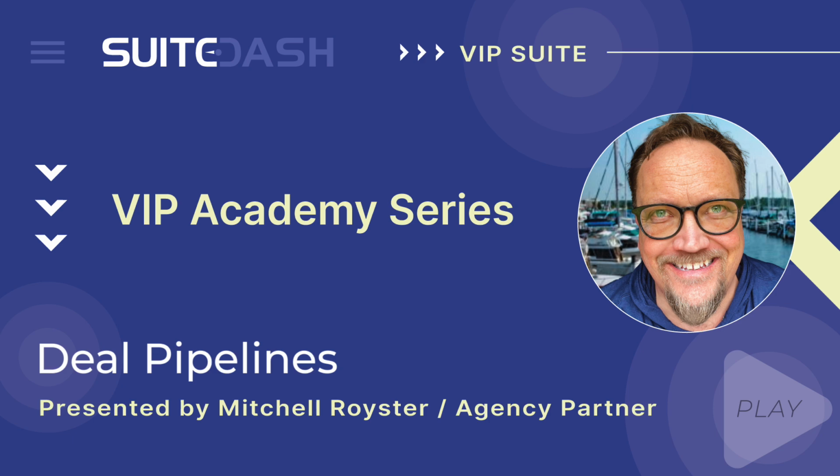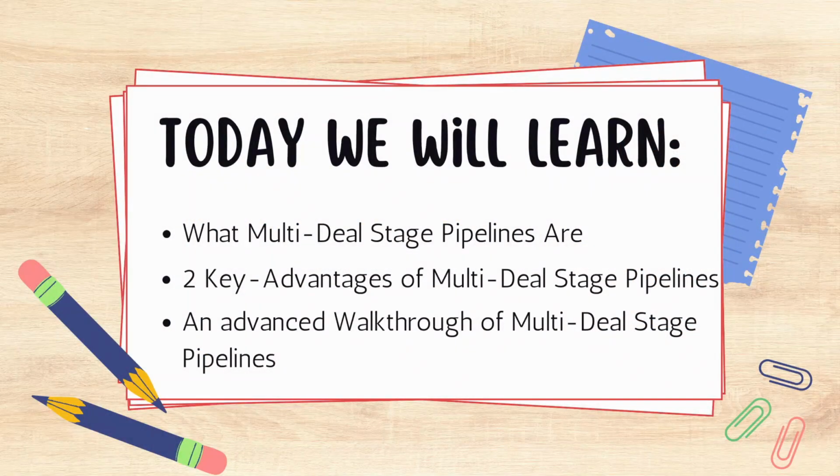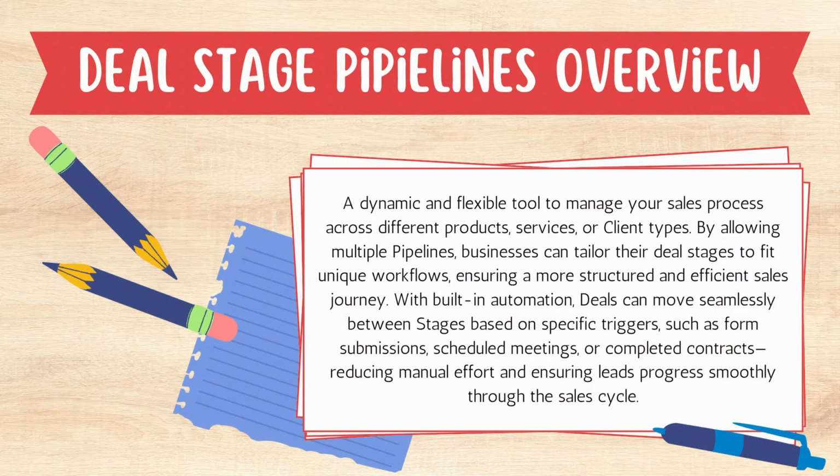Today we're going to learn what multi-deal stage pipelines are, two key advantages of multi-deal stage pipelines, and an advanced walkthrough of multi-deal stage pipelines. Deal stage pipelines are a dynamic and flexible tool that help manage your sales process across different products, services, and client types.